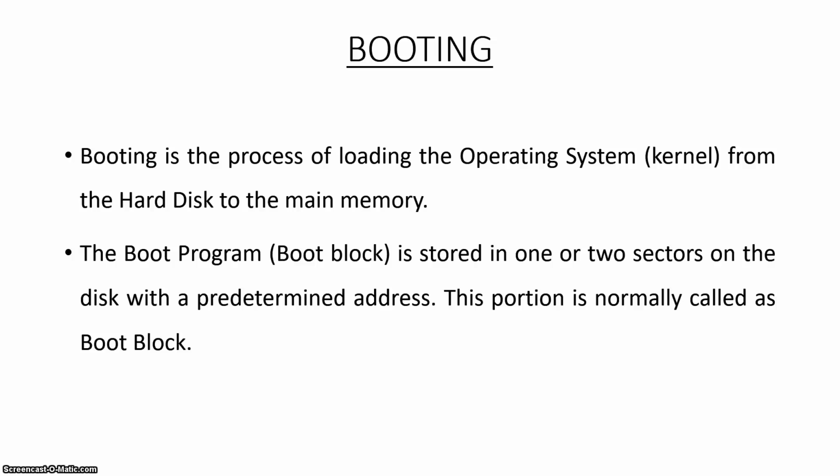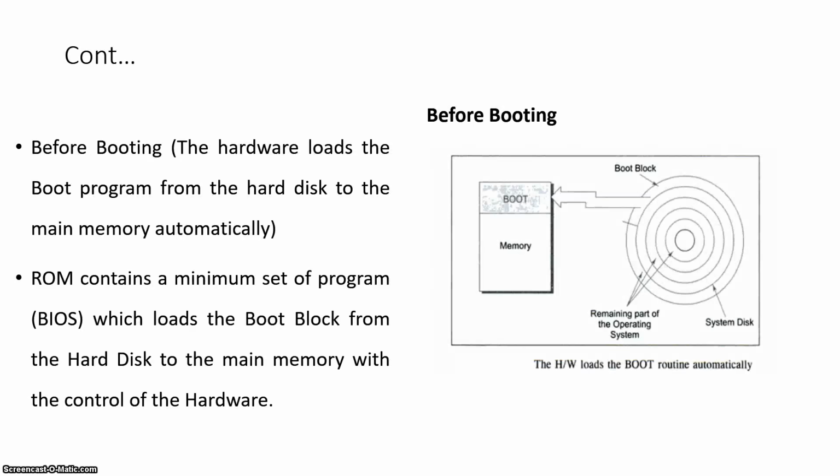But before this, there are a lot of steps which are done. The first thing is loading the boot program. Where will this boot program be present? This is your boot program, called the boot block. It will be present inside your hard disk itself, along with the remaining operating system.